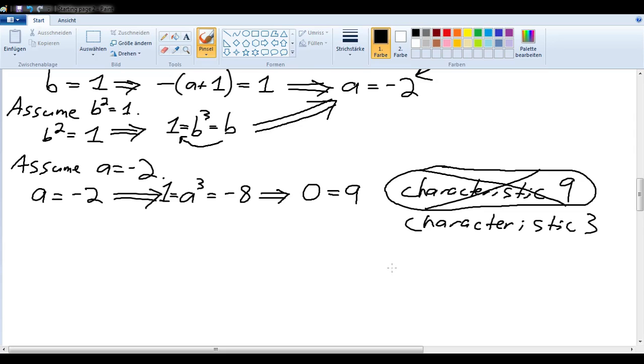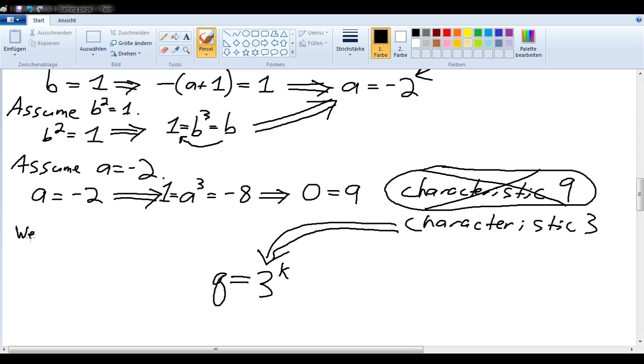So let's assume for a moment that we are operating with modulo 3. Then that would mean that q, being the number of elements in the field, would be equal to 3 to some power. But now we need to remember under what circumstances we have a primitive cube root of unity.